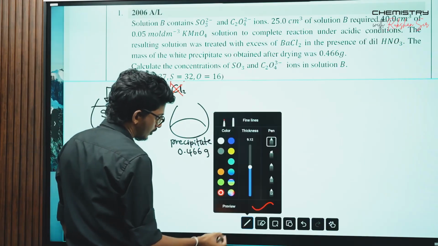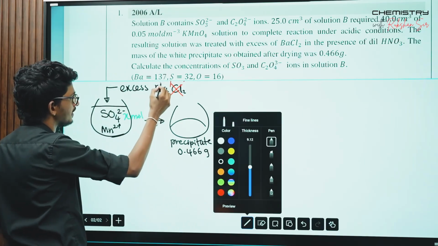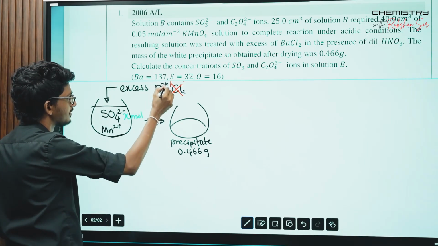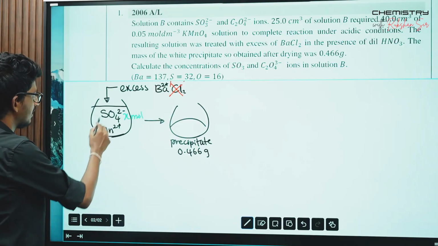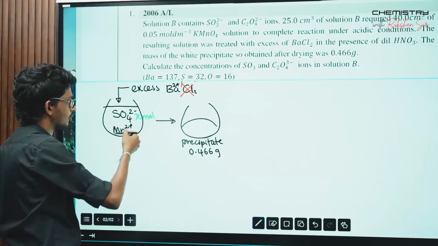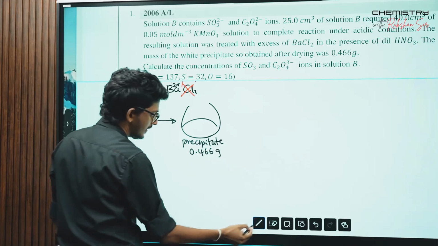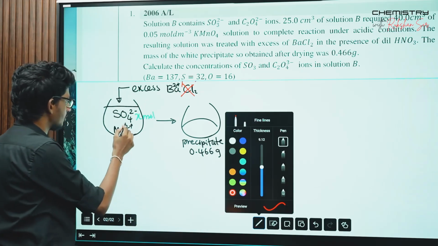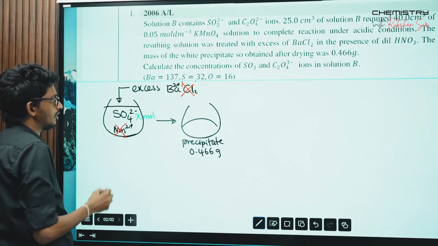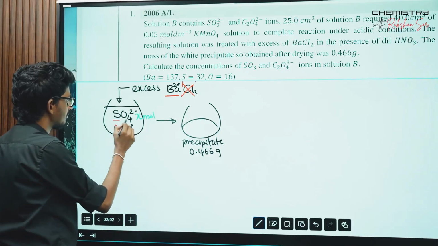What you have here is Ba2 plus ions. So you need to consider the Ba2 plus ions with the sulfate ions, as manganese chloride is not a precipitate.